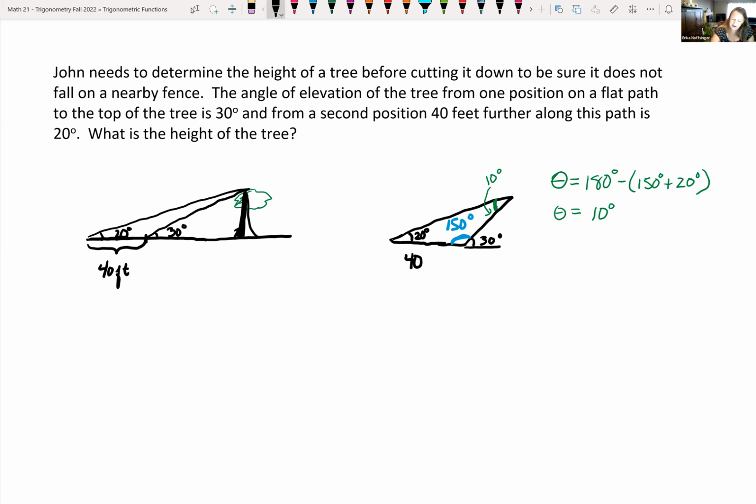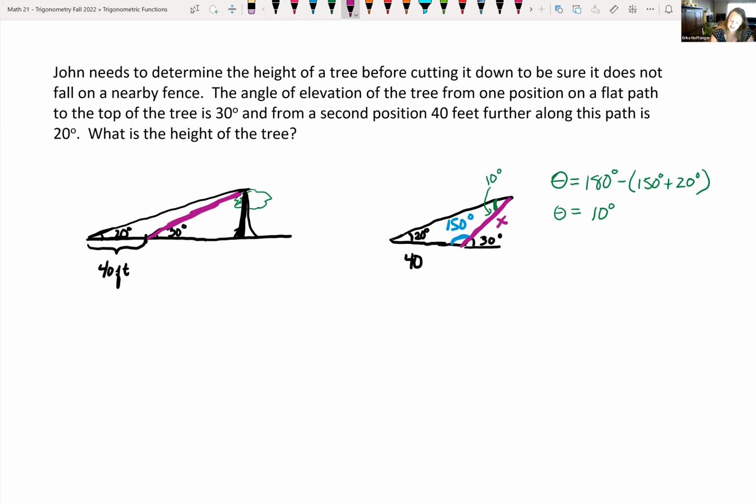And what are we trying to find? Let's find this height. Let's see, actually, what would be the best? If we find this length right in here, let's call that x.